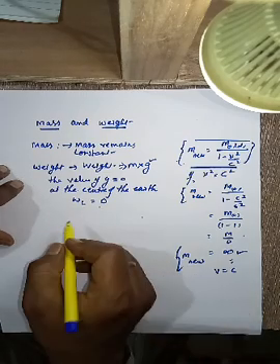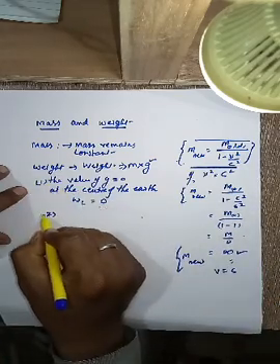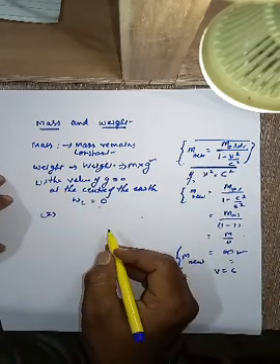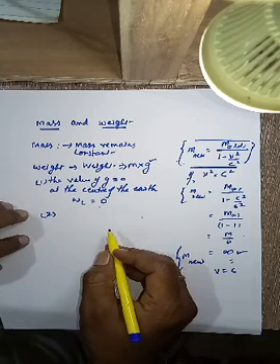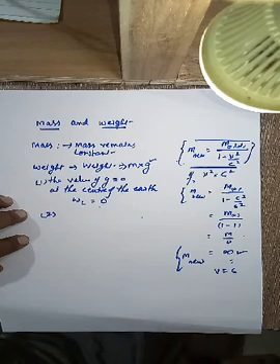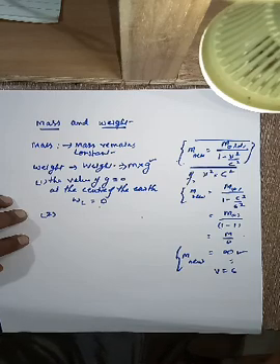Now on the surface of earth, the value of g varies as we move from equator to pole. Then also there is change in gravity, right?